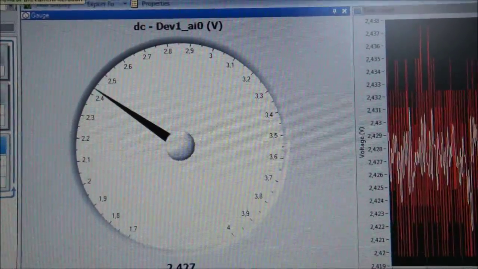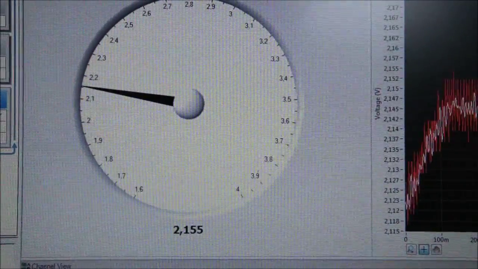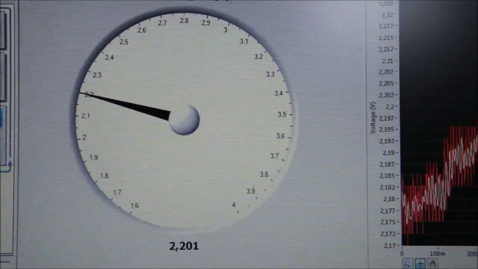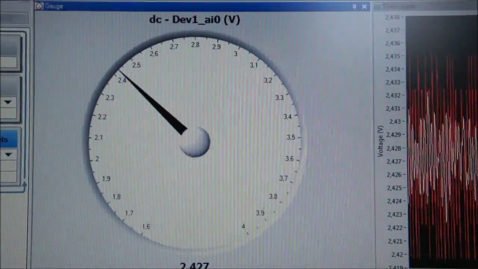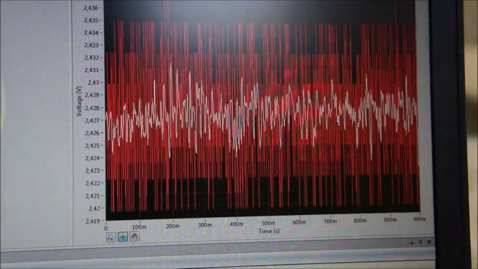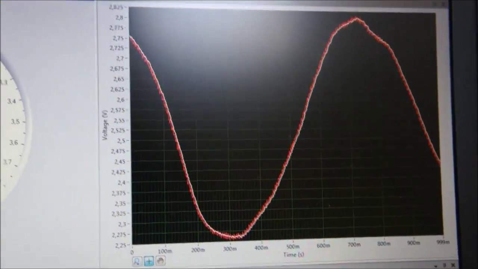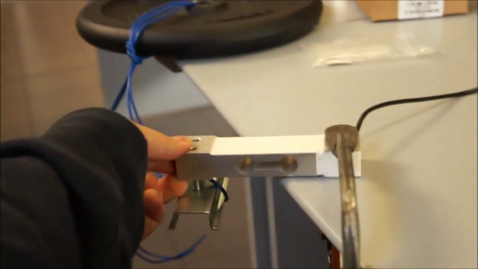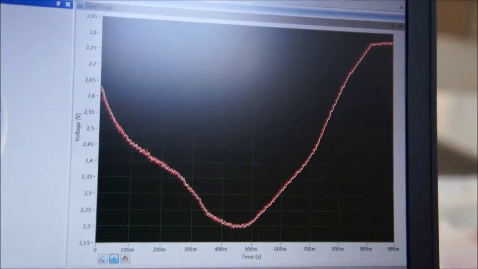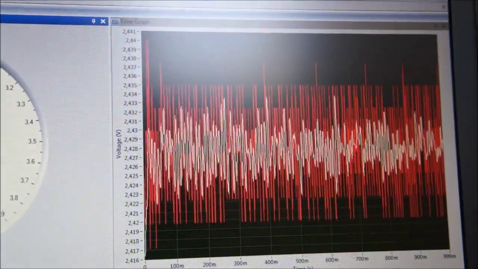Then if I load it in the opposite direction, the voltage level goes down. Then, unloading, it comes back up to the original level. If you see the plot, you can see the forces going up and down as my hand swings up and down, with forces applied here and here, going faster and faster, and then I unload everything.